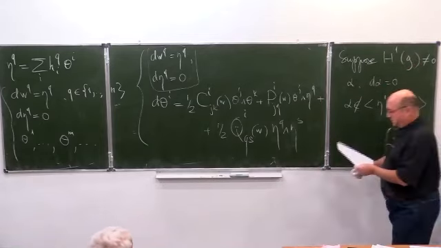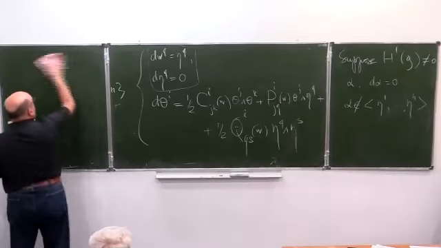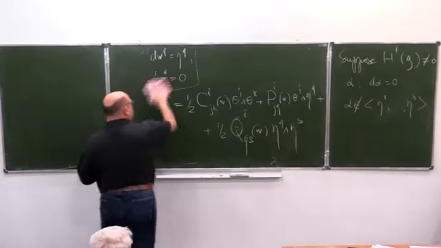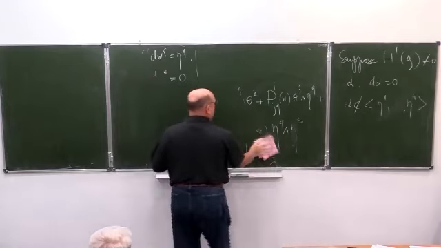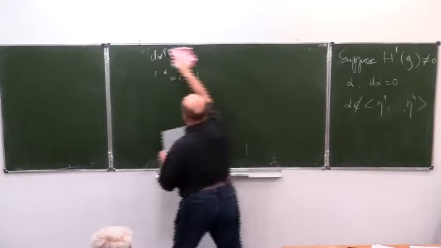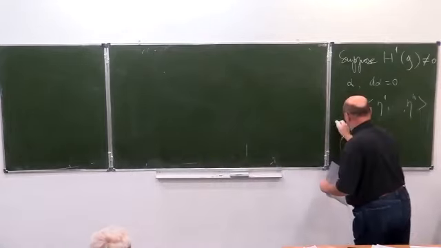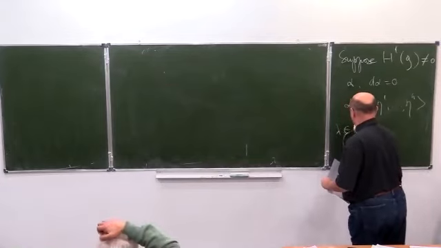Okay, then for a constant, not a function, but a constant, we define the twisted differential. Let lambda be a constant.